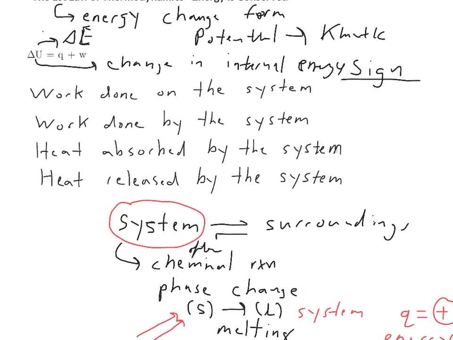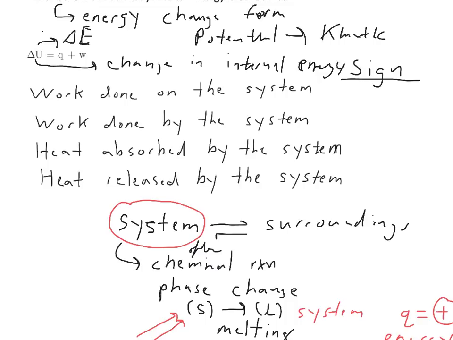So some key terms to get the sign conventions right. Work done on the system. Okay? So the system, that's our perspective. Work done on the system. That means that the word on, so the system is the object of the work. So work being done on the system means the system is receiving it.